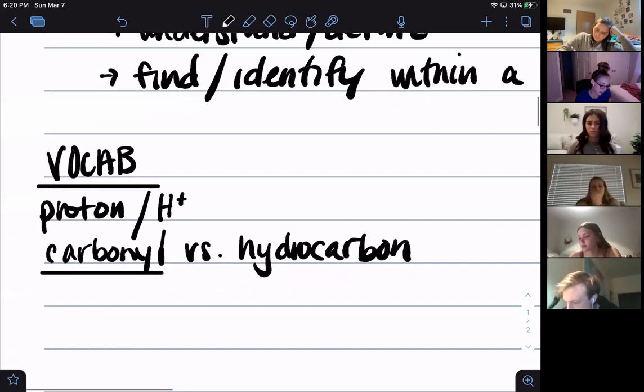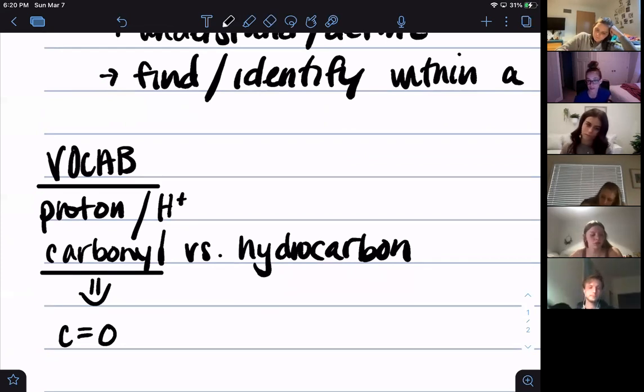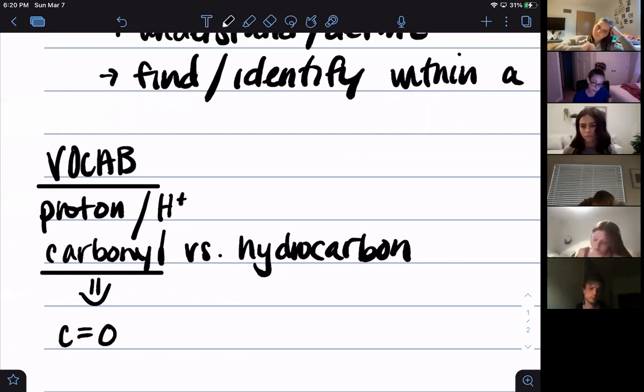Again, I want you to be very aware that this particularly is the bond, a double bond between a carbon and an oxygen. But then if somebody were referring to carbonyl chemistry, they could be talking about carbon chemistry that has a lot of C double bond O's.